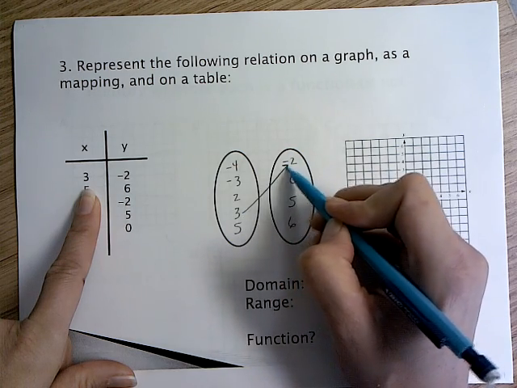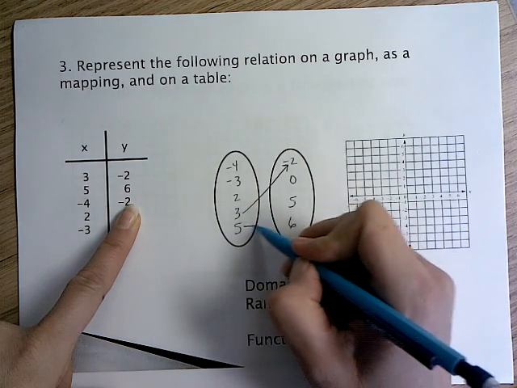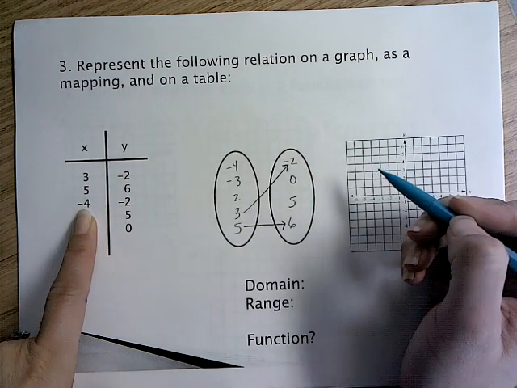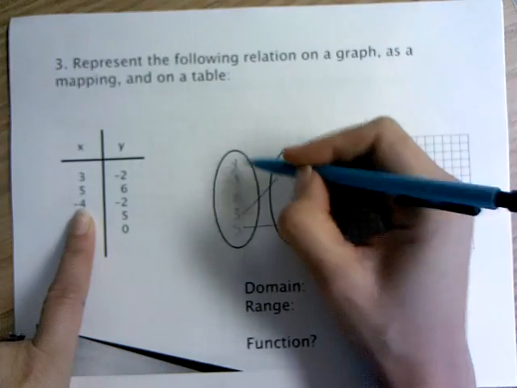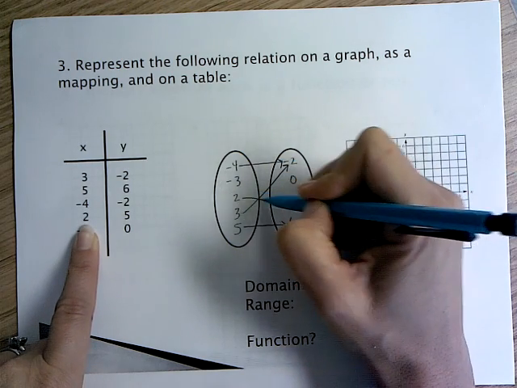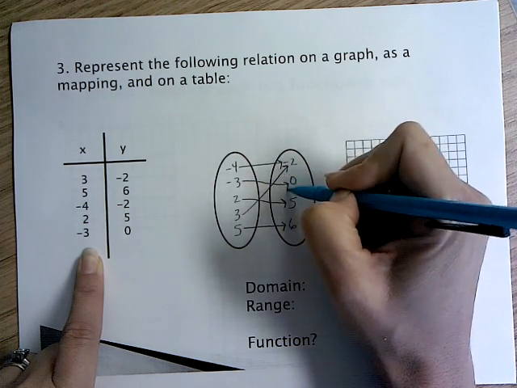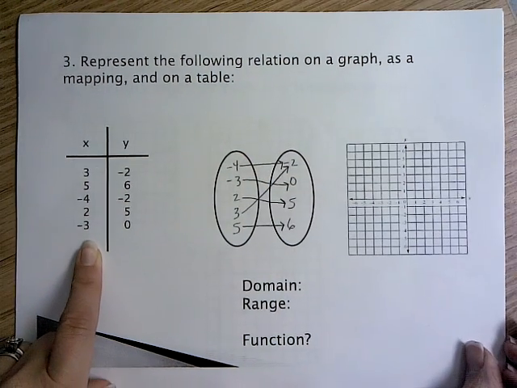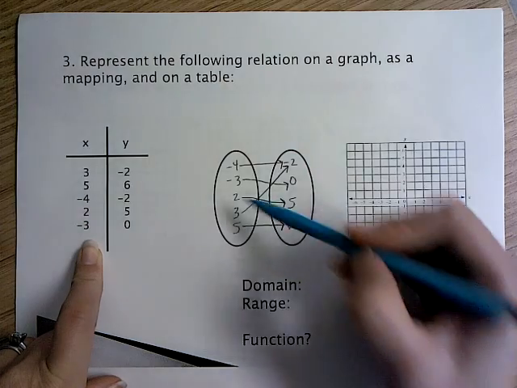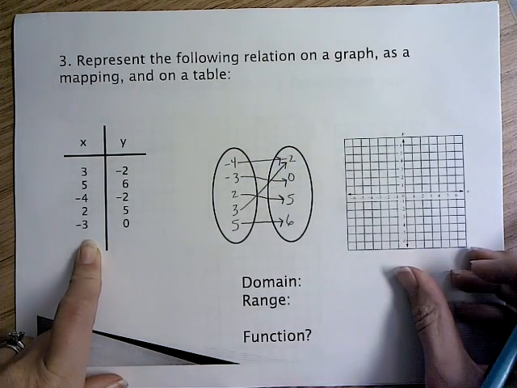Again, remember, nice and tidy, one-way arrow. 5 to 6. Negative 4 to negative 2. 2 to positive 5. And negative 3 to 0. Okay, so there's my mapping. I've got my domain. I've got my range. Everything's mapped up nicely.